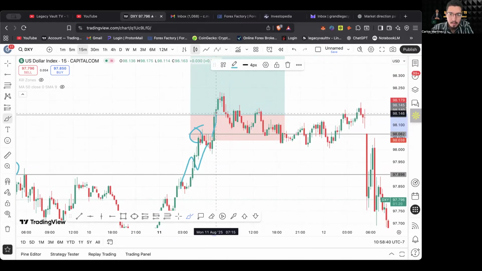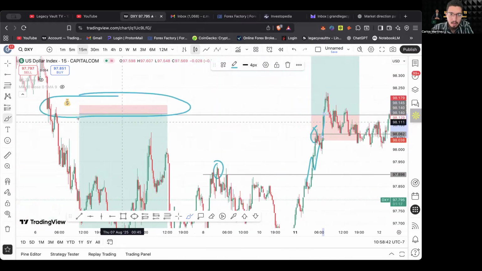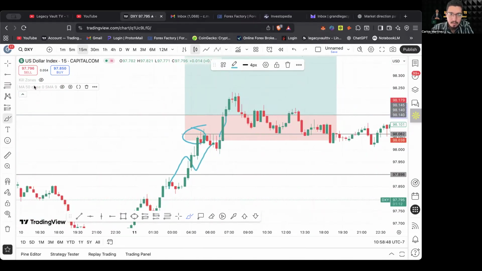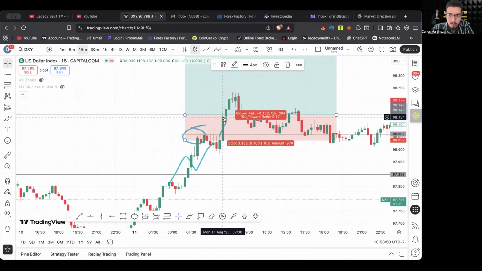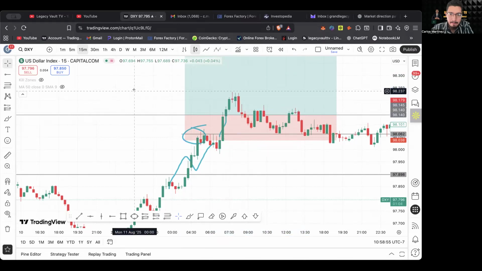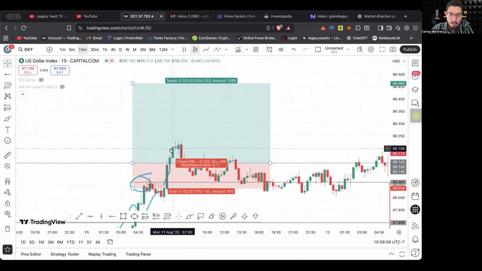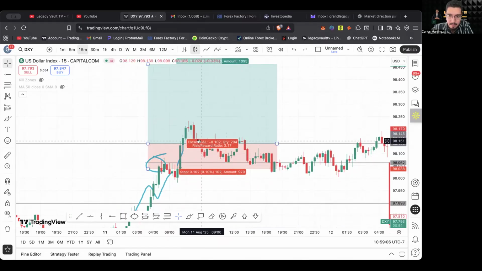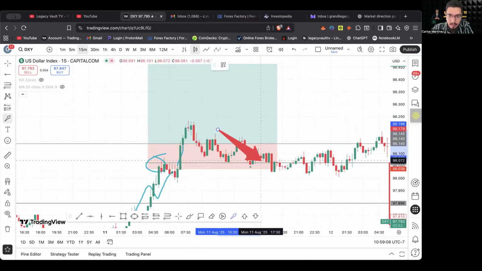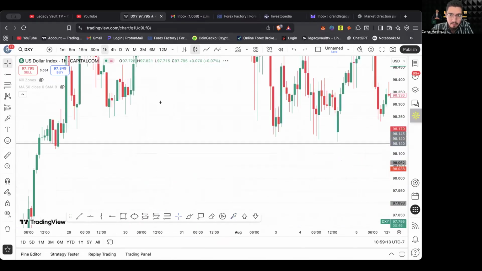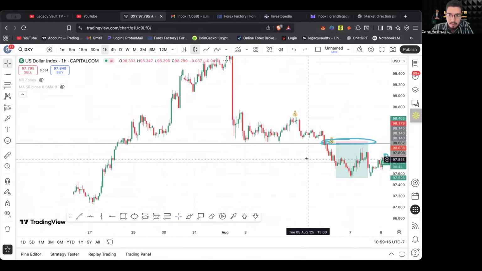Price broke below, above, and now it broke above this previous high, thinking that it was going to continue to the upside. They placed their entries here. Price was in profits, but it failed to continue to the upside, and instead it reversed back to the downside, hitting the stop loss. So this is a prime example of a fake out in a liquidity sweep.